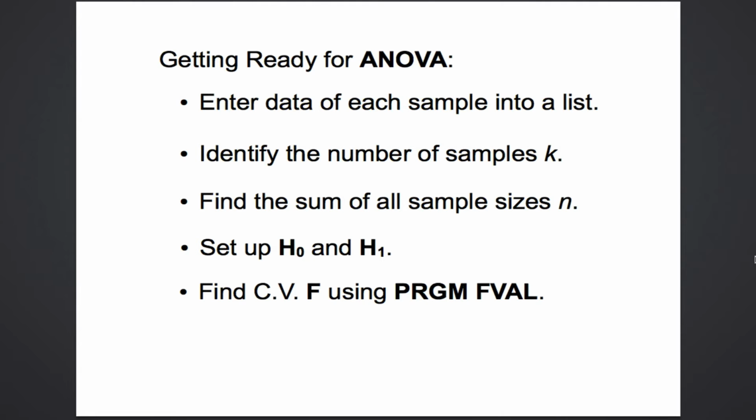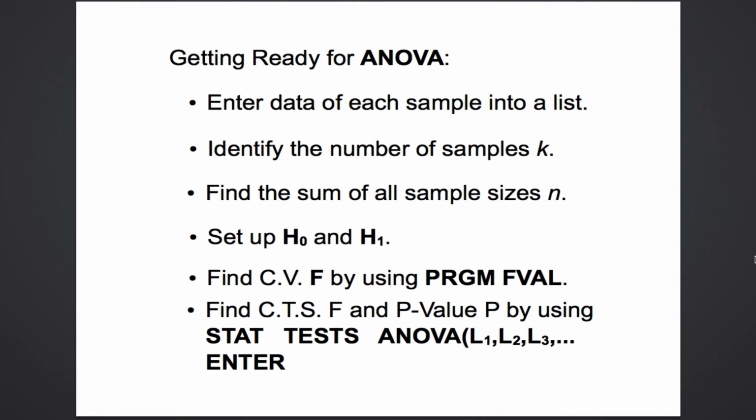Then we're going to compute the test statistic F and p-value p by following a few steps. We go to STAT, go to TESTS, find ANOVA and select it, and then we use the lists like L1, L2, L3. When we've selected all the lists that we have, we press enter.